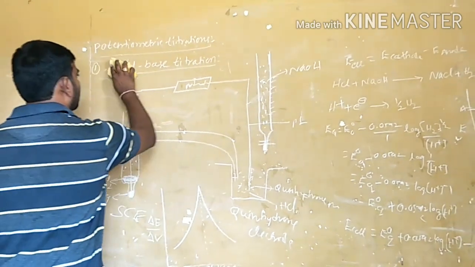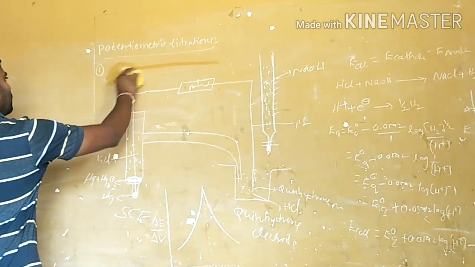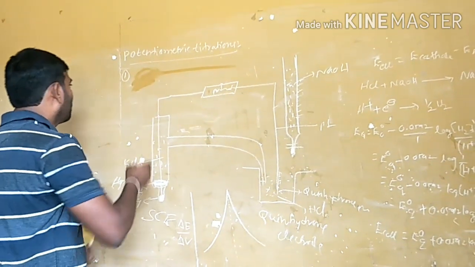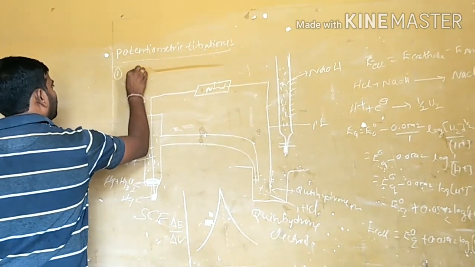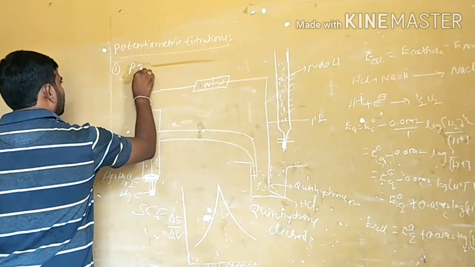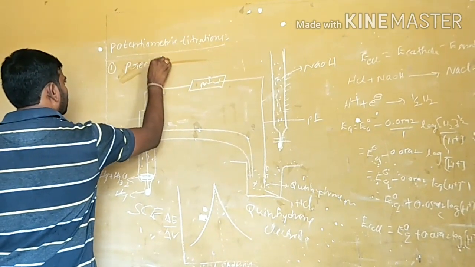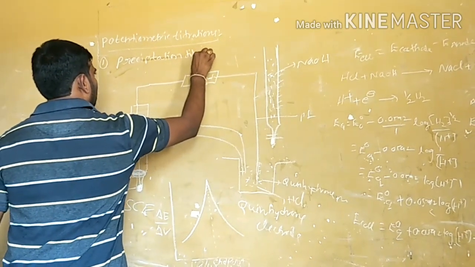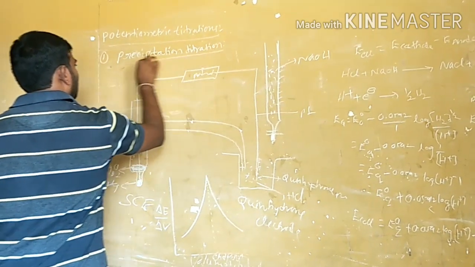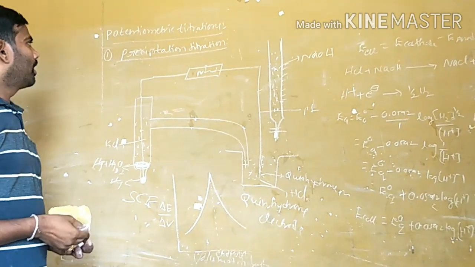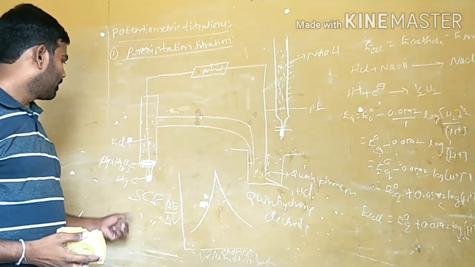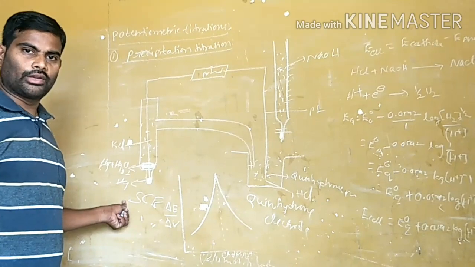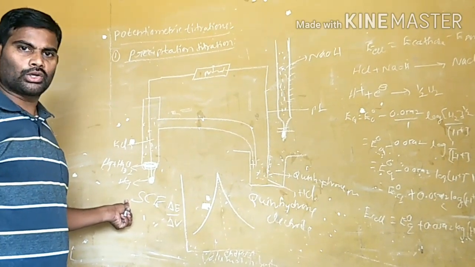Next, precipitation titrations. In the precipitation titration, same, the reference electrode we are taking is the saturated calomel electrode.